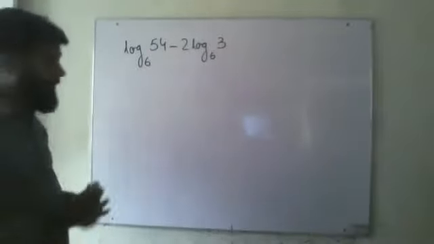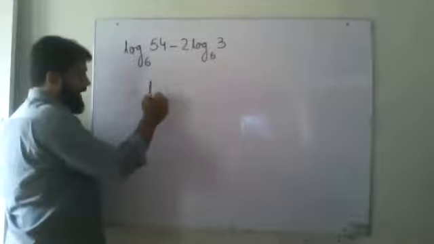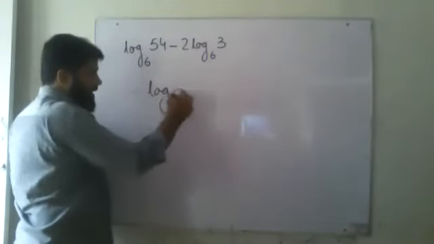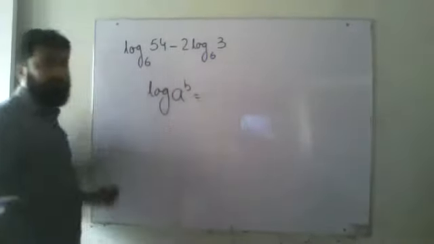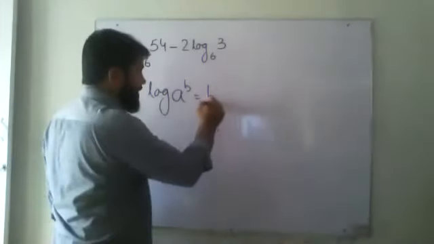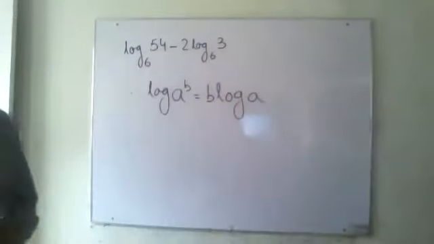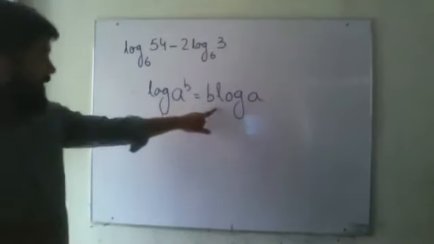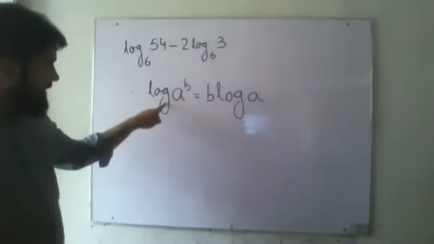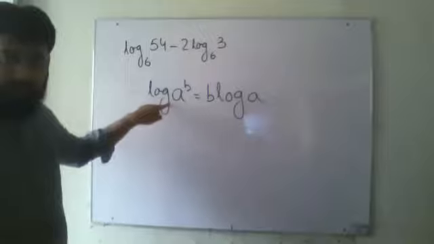We have done a formula, and the formula was that if any multiple with log has a power, then the power will be written before log. We have done this formula. Now, if this can be written like this, then this can also be written like this.